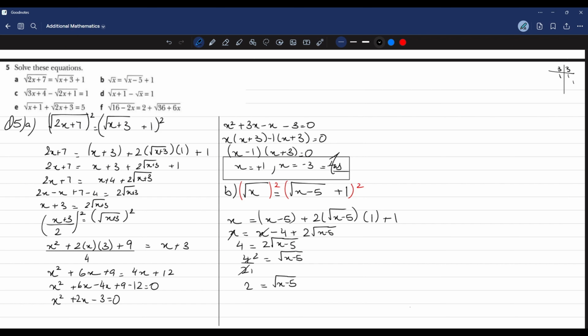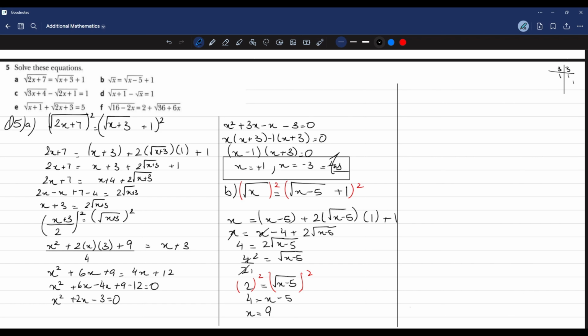Again, in order to remove this under root, we have to square on both sides as a basic rule. So we are going to get 4 is equal to x minus 5. And basically, we've got x is equal to 4 plus 5, which is 9. And that's it. This is your answer for question number 5, part B. This one was pretty basic, no big deal here.